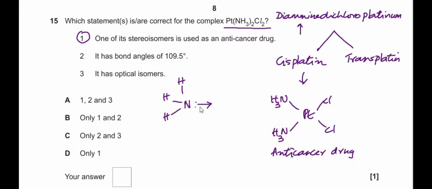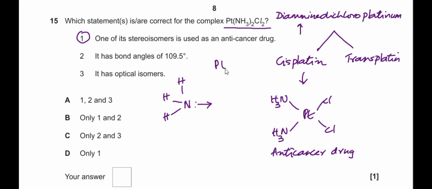Therefore, strictly speaking, there is no lone pair available here. Therefore, it might mislead you to think that the bond angle is 109.5 degrees. Therefore, for the purpose of A-level chemistry, please memorize that if it is platinum with 4 ligands, it will end up as a square planar shape and not a tetrahedral shape.